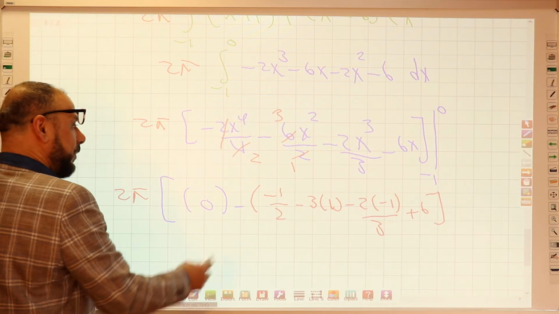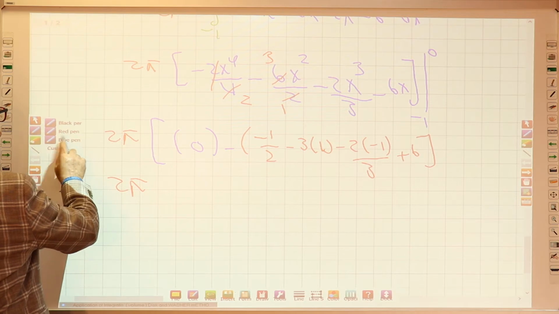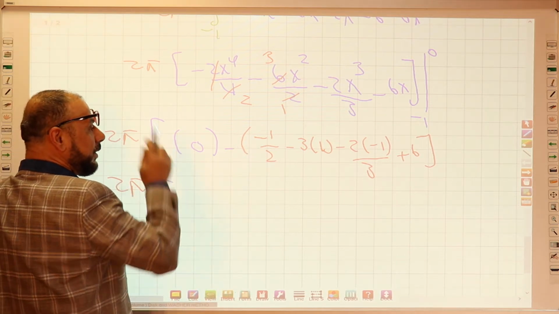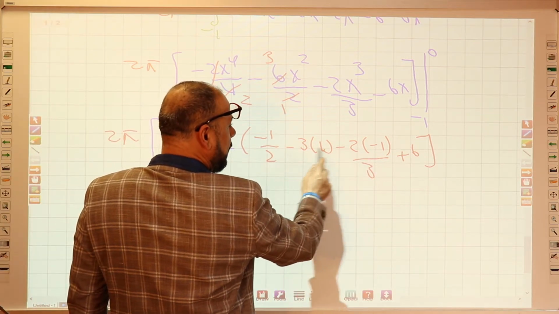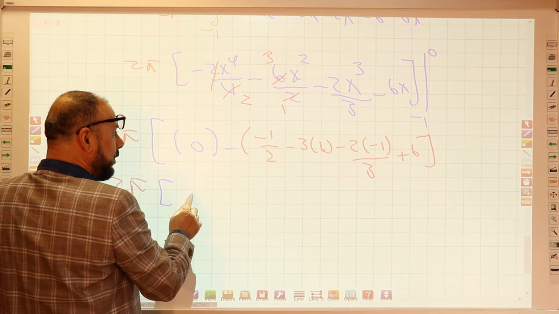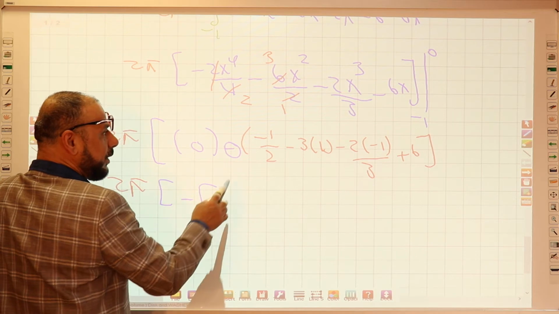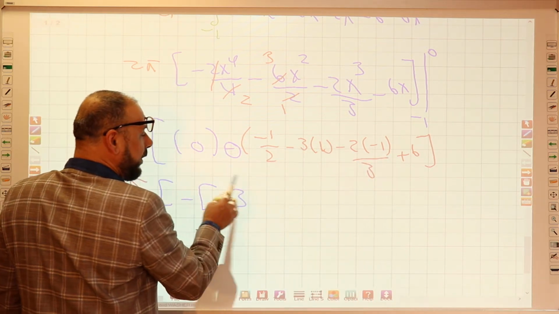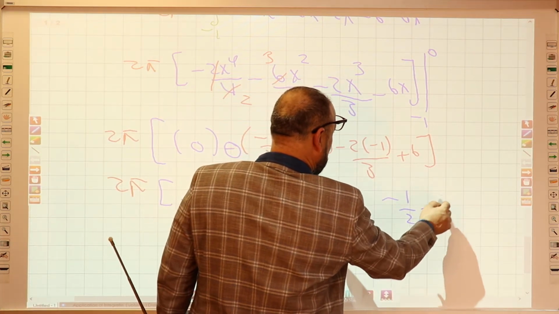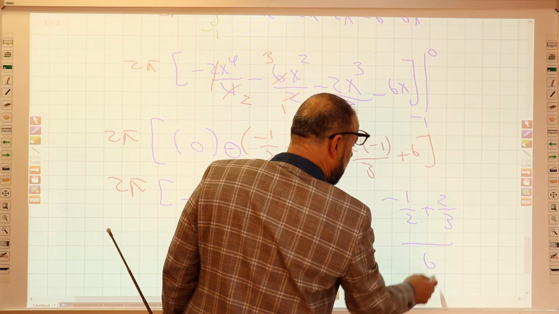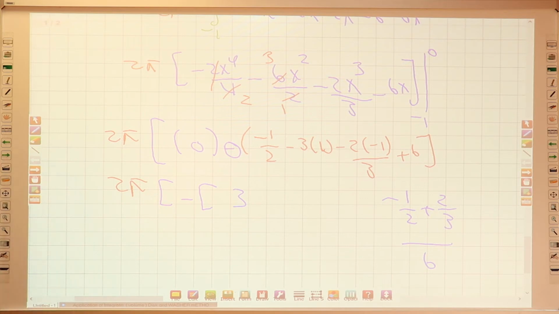Just arithmetic. 2 pi times negative 1 half, and negative 3 plus 6 is 3. Negative half plus 2/3, which is 6, right?